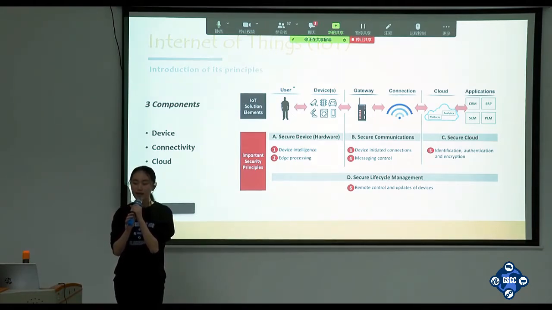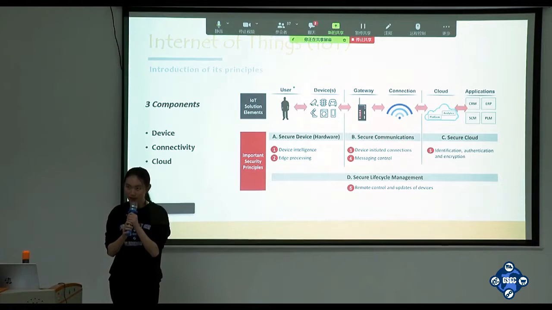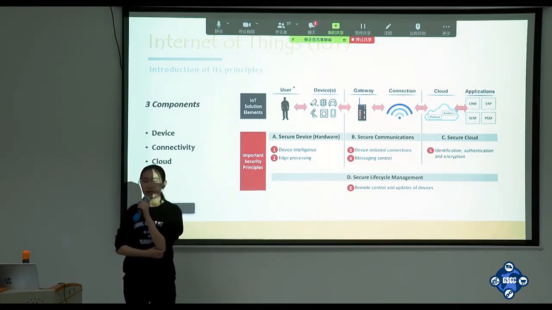They are devices, connectivity, and cloud. Sensors are inserted in the devices we use. They collect data from us and other devices. Then the data collected is transmitted. This step is crucial, and that's why we are talking about how 5G is going to change the world.